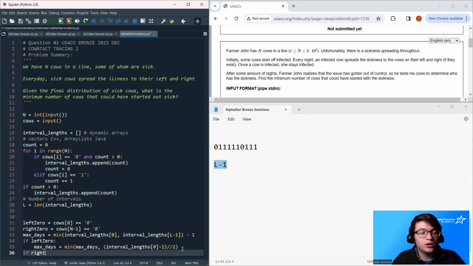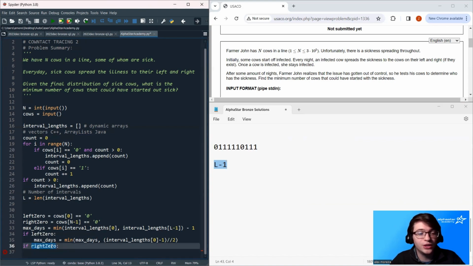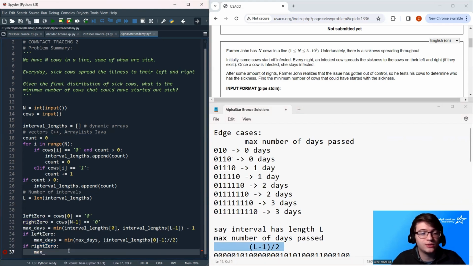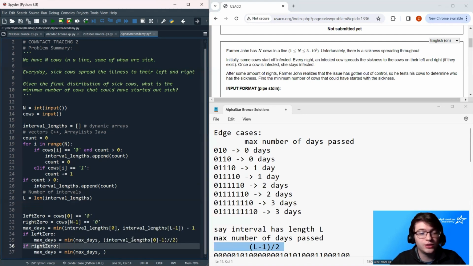Likewise, for the right 0, we're also going to check if there is a right 0. If there is a right 0, then we want to use, again, this formula for calculating the max number of days passed. So max days is going to be the minimum of max days and the rightmost interval length minus 1 over 2.